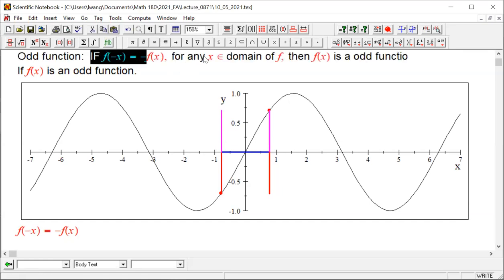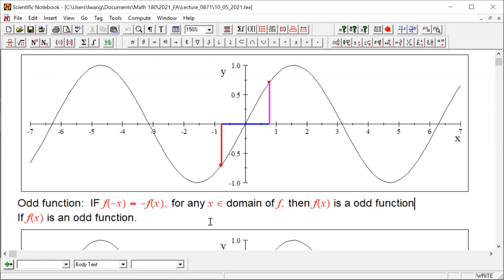As an odd function, how is this picture related to the definition? Obviously we're using the sine curve to illustrate the concept.